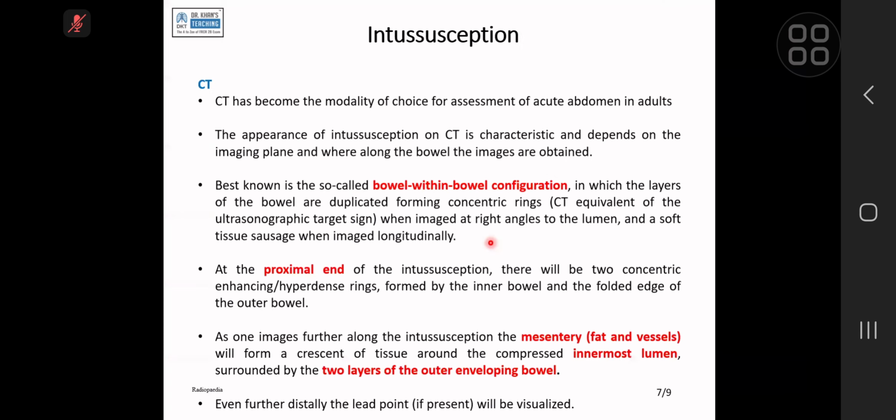So bowel configuration: at the proximal end, you will see two concentric hyperdense rings. Then slightly more distally, you will see mesentery, where the key finding is fat and vessels. And more distally, you might see the mass itself.